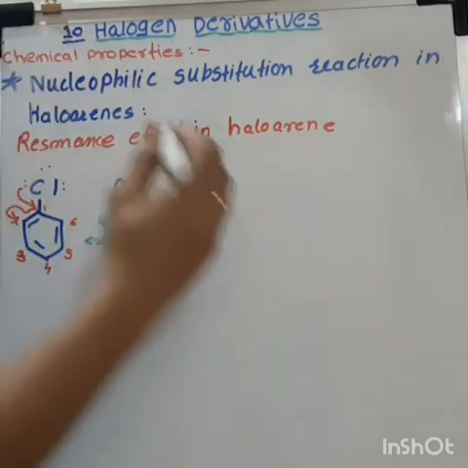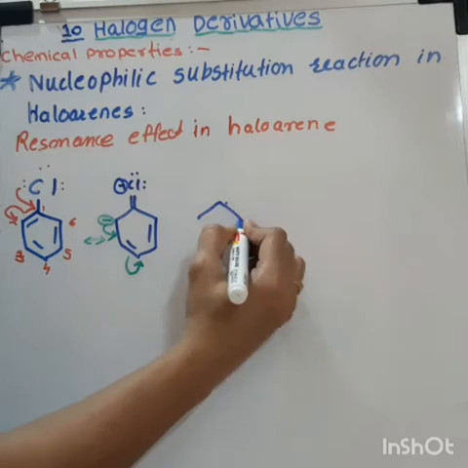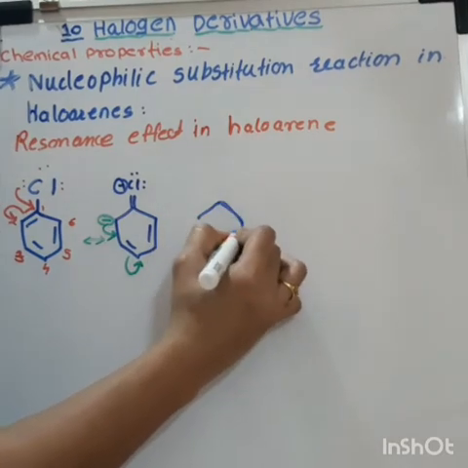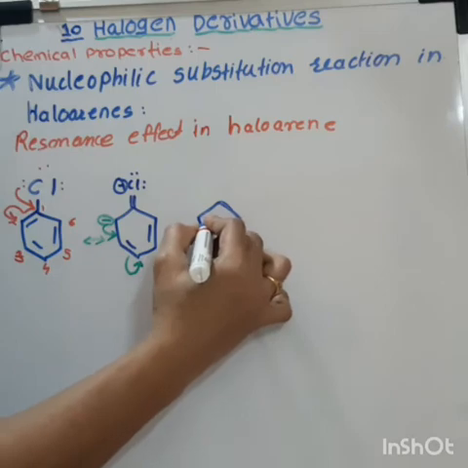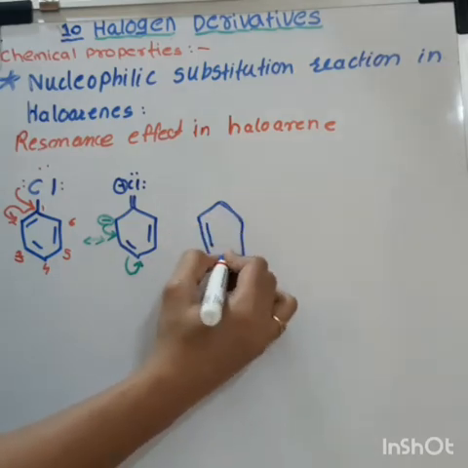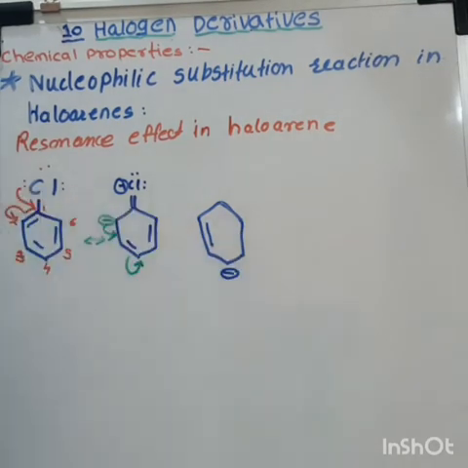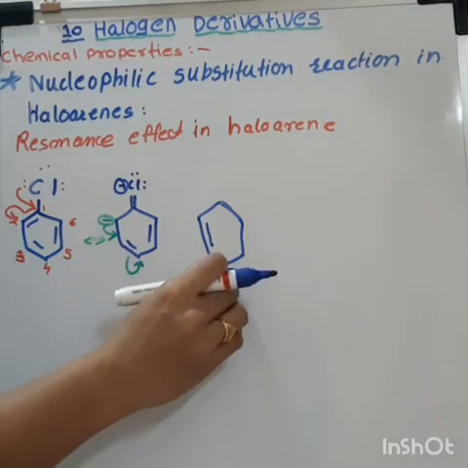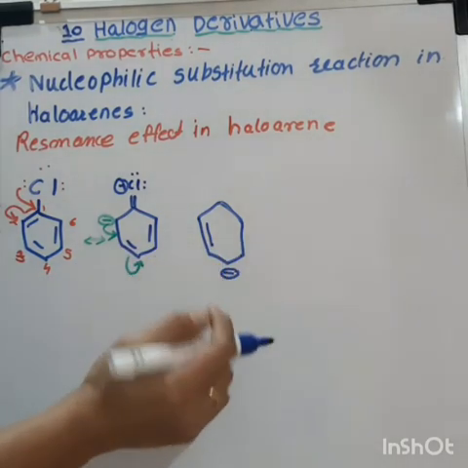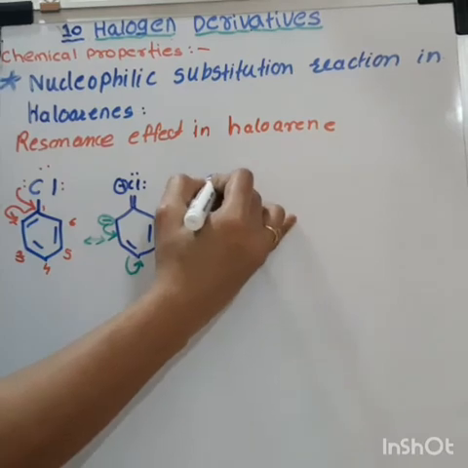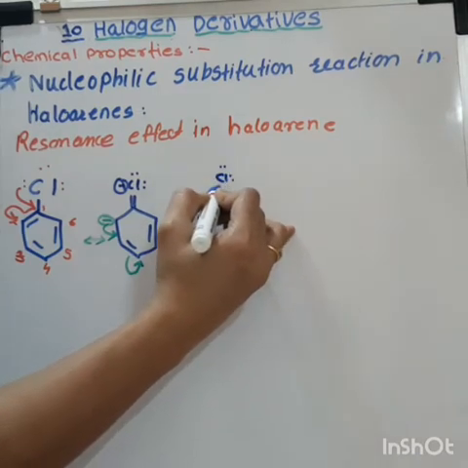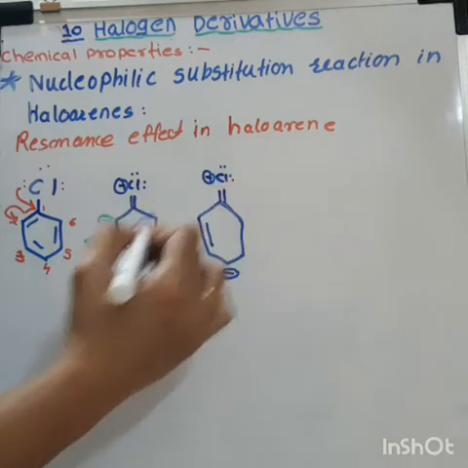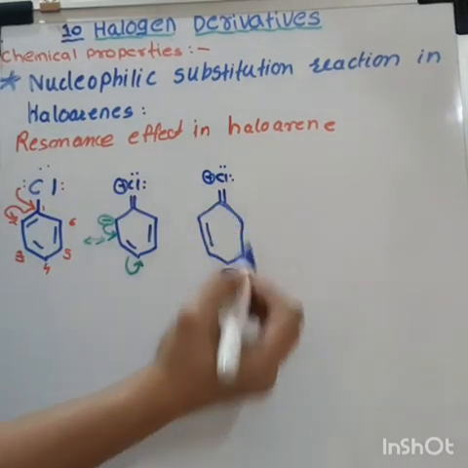In the next resonating structure the negative charge is at carbon atom number 4, that is at para position, with the double bond between chlorine and carbon atom number 1 as it is.